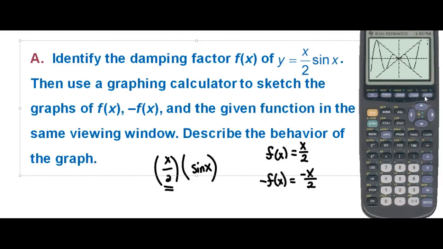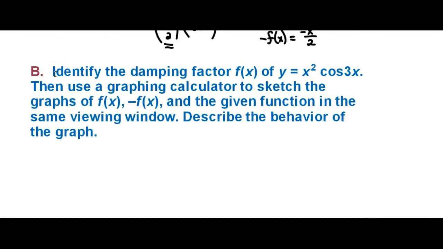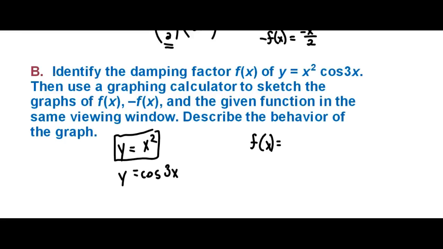So we'll look at one more example together. In the same way, we're looking at the damping factor for y equals x squared cosine of 3x, and hopefully you can see that those are the graphs of x squared and cosine of 3x multiplied together. So this ends up being my damping factor multiplied by cosine of 3x. So my f of x is x squared, and my negative f of x is negative x squared.